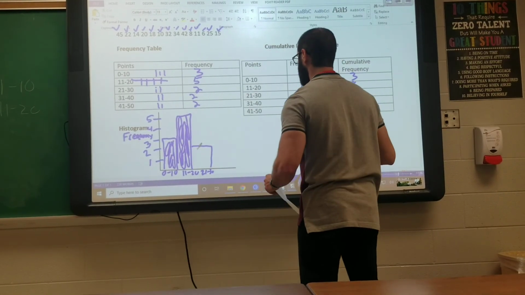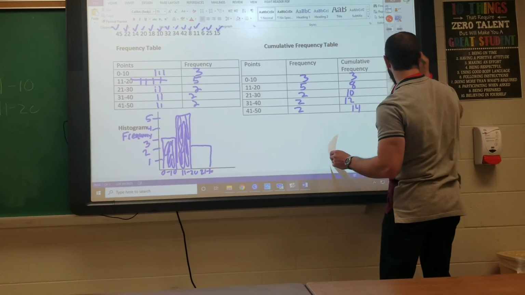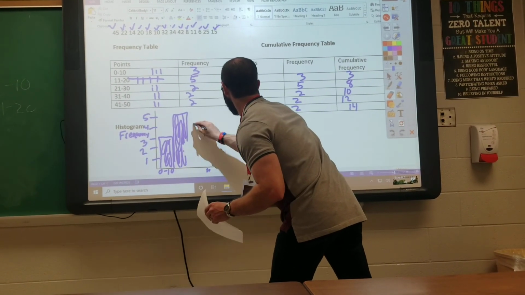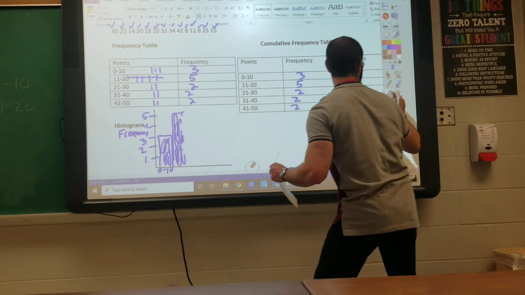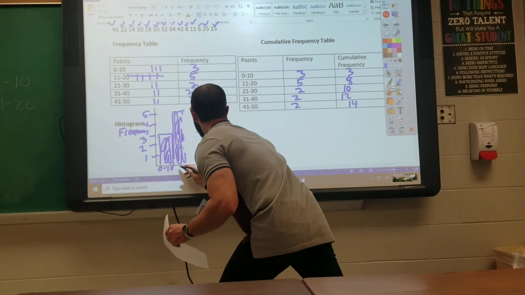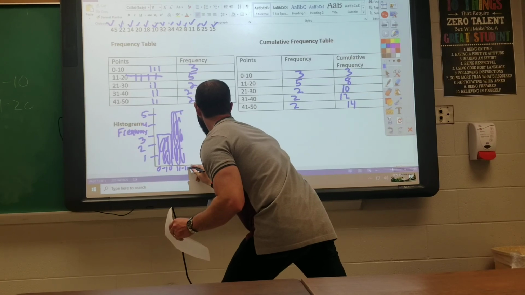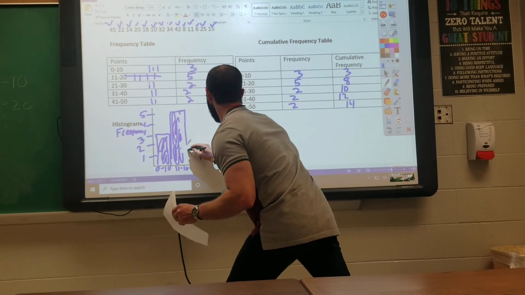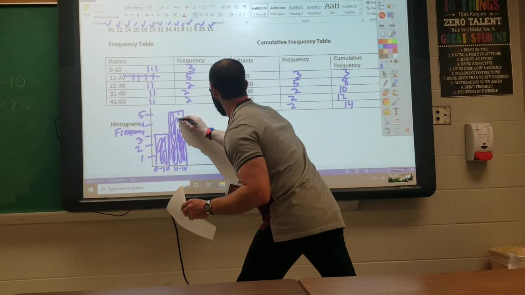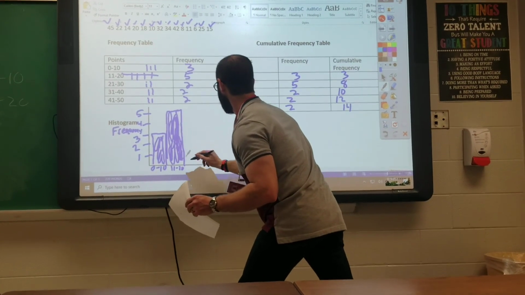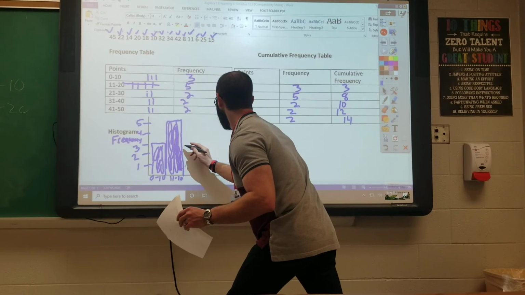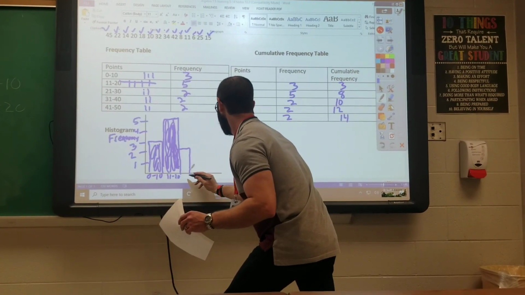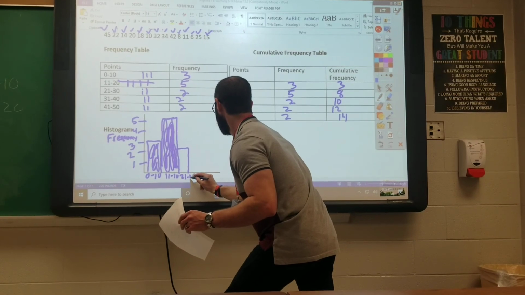All right, and let me just fix that real quick here. So we had 11 to 20. Remember, these should not overlap in any way. And then we had the one from 21 to 30, which is just going to be at 2. So the height will be like that, 21 through 30.